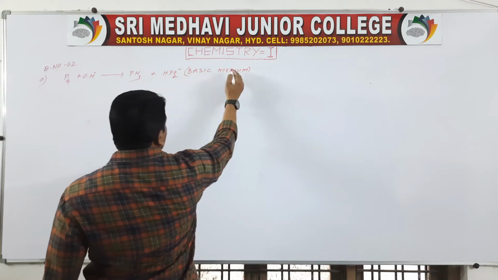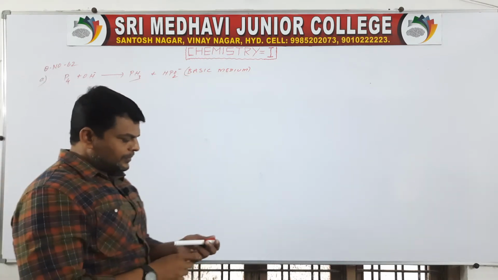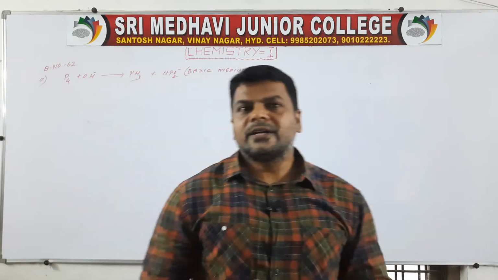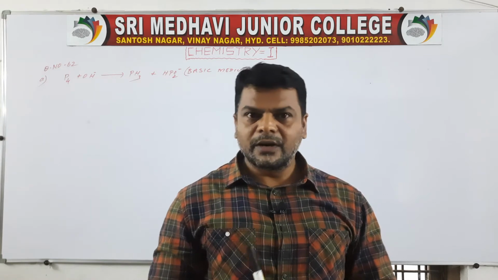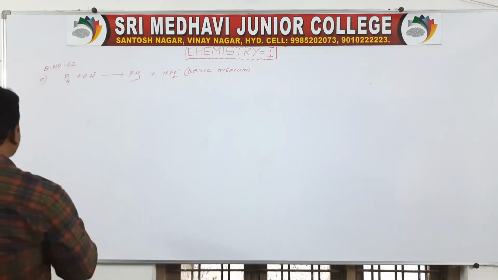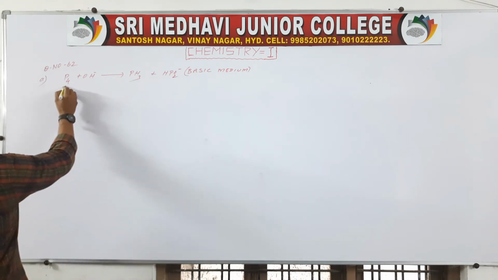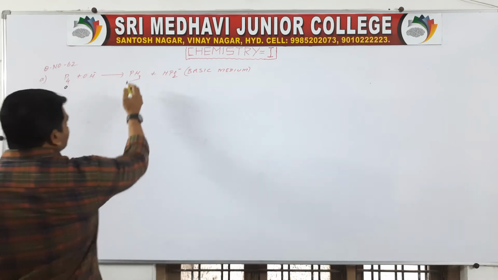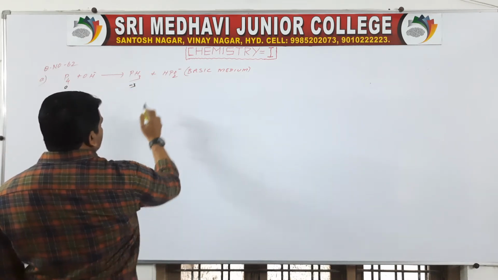When the redox reaction is given in acidic medium or basic medium, you have to calculate oxidation states. Here the oxidation state is 0, here minus 3, here plus 1.